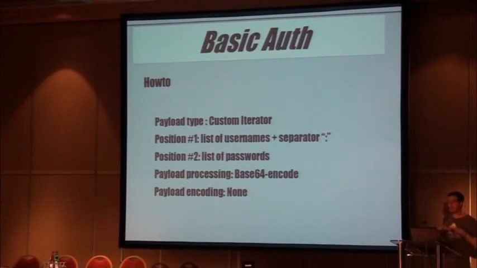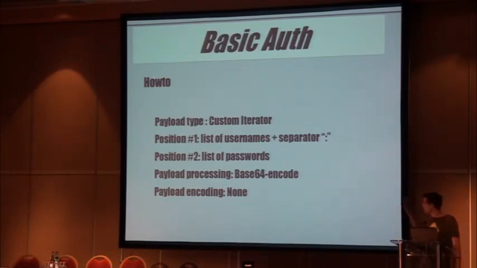And once you understand the logic behind this way to do it, you can use some other way. You still have your custom iterator. First position is username. Then second position is one single string, which is colon. Then a list of passwords. Then a list of suffixes, for example, exclamation mark or some years or something else.